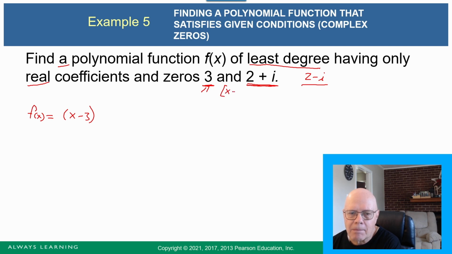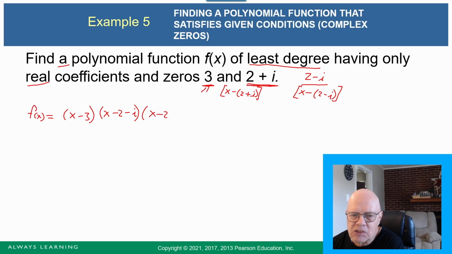Then x minus (2 plus i) is a factor. I write this over here because we can simplify this a little bit and just write it as x minus 2 minus i. There you go. And this one, of course, means that you've got a factor of x minus (2 minus i), which simplifies to x minus 2 plus i.